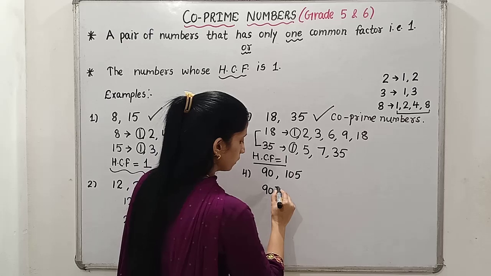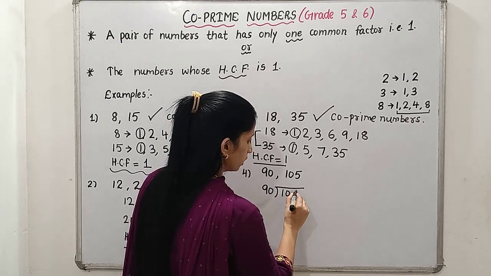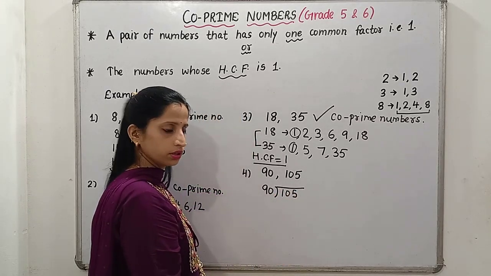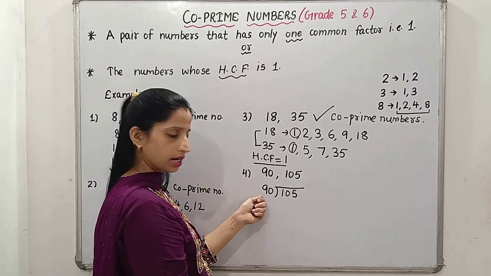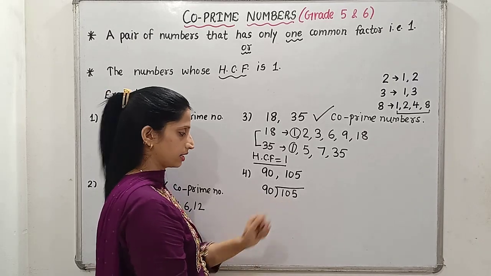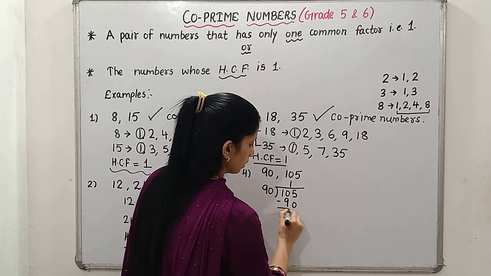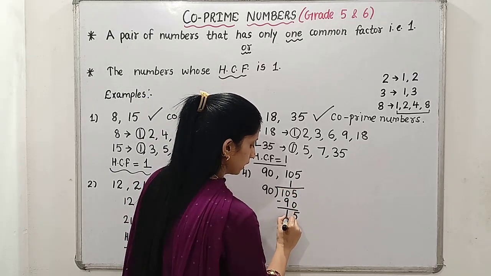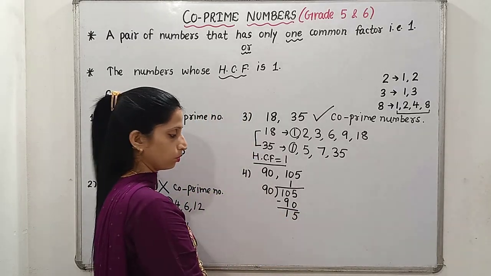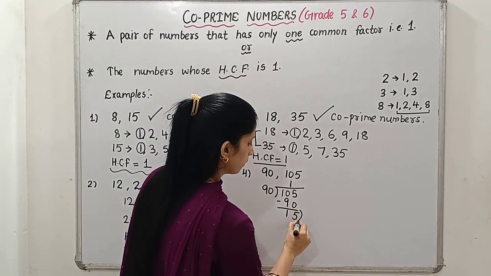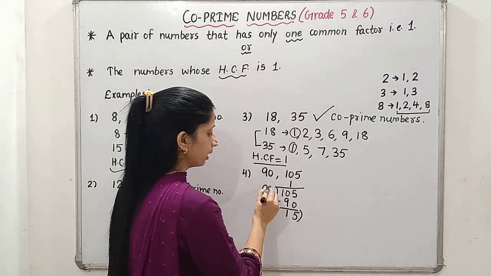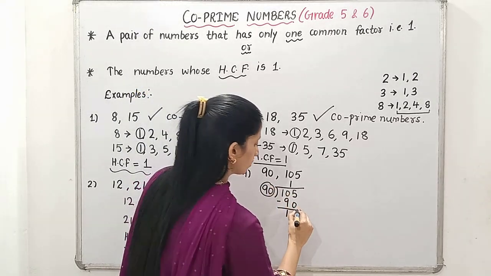Okay. Here I am using the division method. In the division method, as you all know, the smaller number will come outside and the bigger number will come inside. Then 90 goes into 105 once, with 90. Let's subtract. We will get 15. Now this remainder will become our next divisor, and the previous divisor will become our dividend.